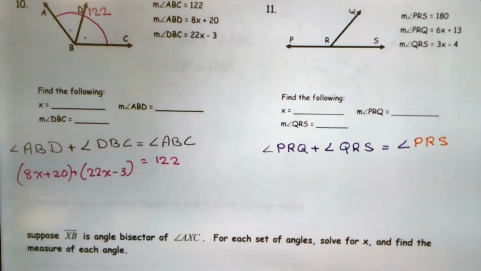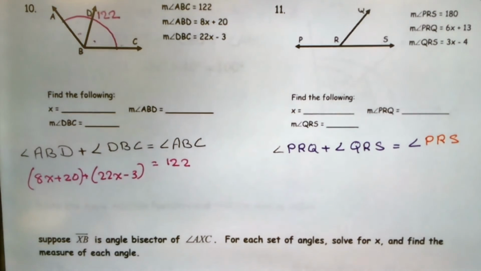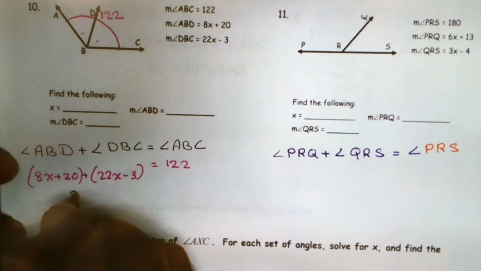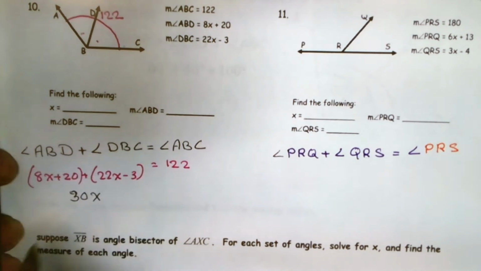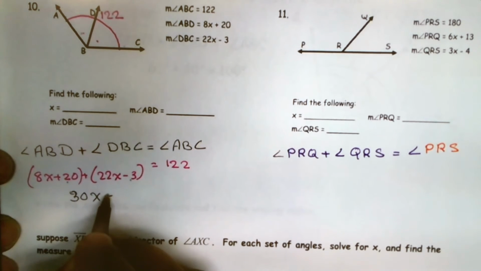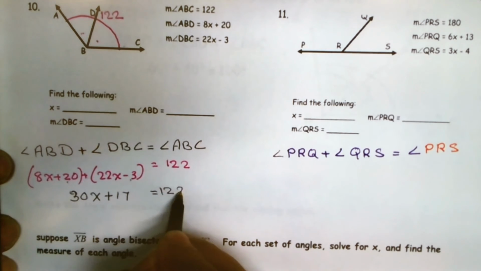So I have an equation now. You can combine the like terms. 8x and 22x are the like terms. When you add up those two, you will get 30x. Then 20 and minus 3 are the like terms, so you get 17. Positive 17 is equal to 122.